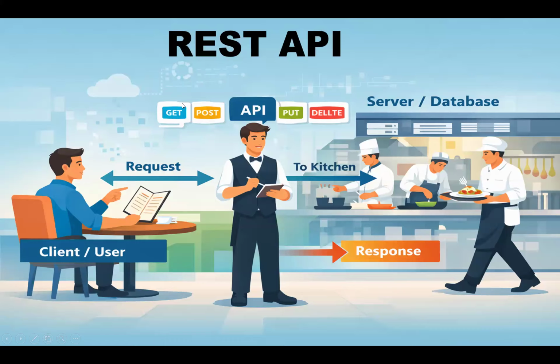If you want to send some data to the server, then the type will be post. If you want to update some data on the server, then the type may be put. If you want to delete any data on the server, then the type will be delete.